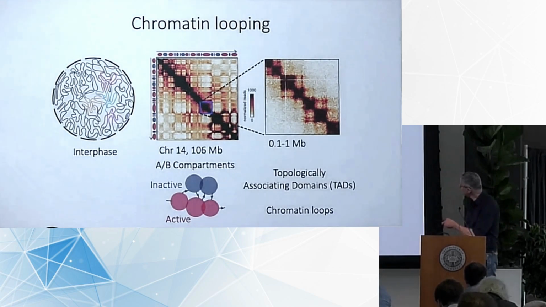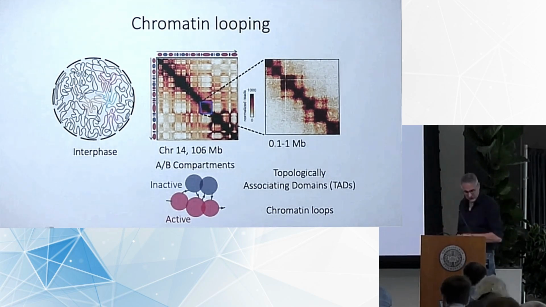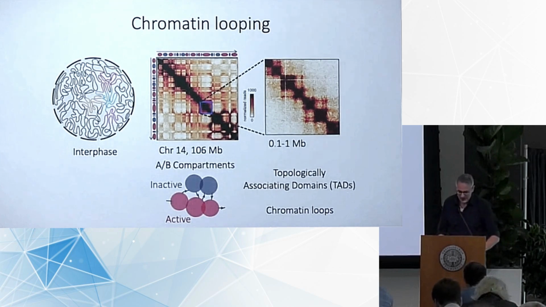we started to appreciate that at much smaller scales than this checkerboard pattern of compartmentalization, at scales of, say, tens to hundreds of kilobases, there is a great diversity of structures seen in Hi-C that we originally called topologically associating domains. We now know there's much more complexity than just domains.